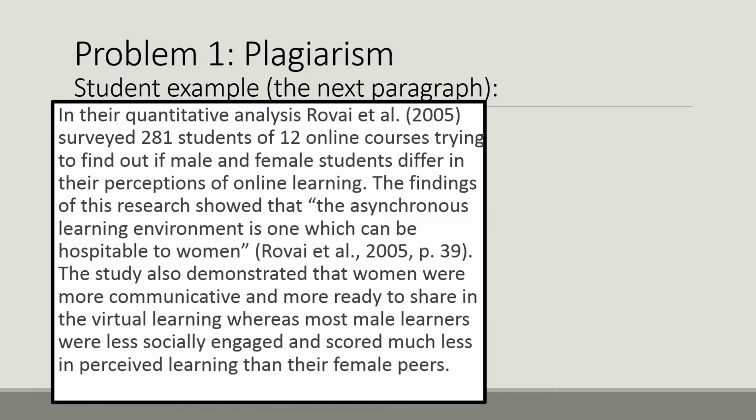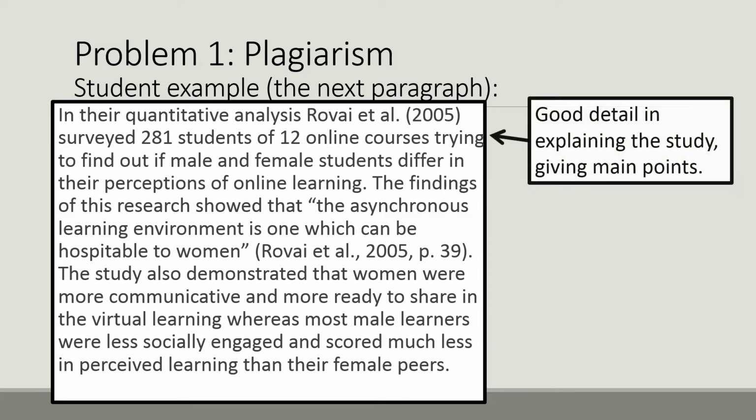So here's the student's continuation in the next paragraph. And what they've done here is to give good detail in explaining one of the studies. So you remember Rovai is one of the sources that this student found in Yüksel-Türk's text, and they went and found the study, and they gave some more details.